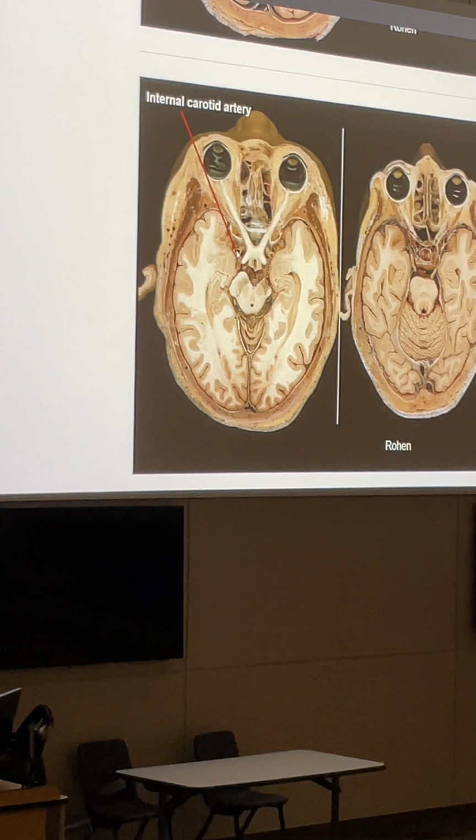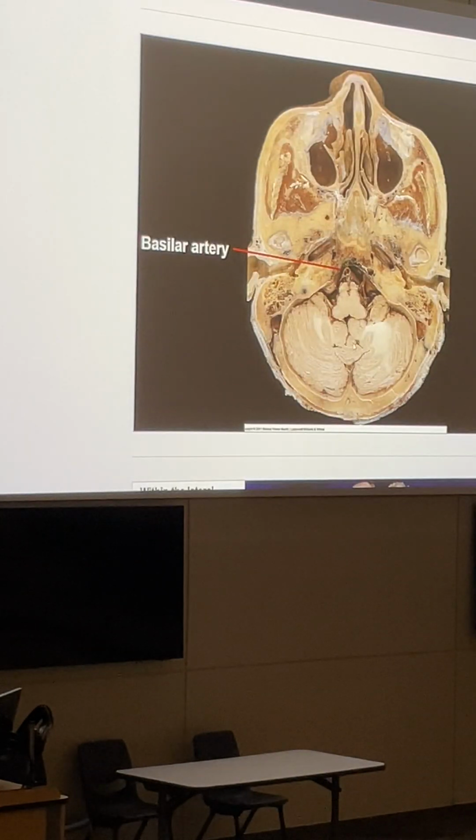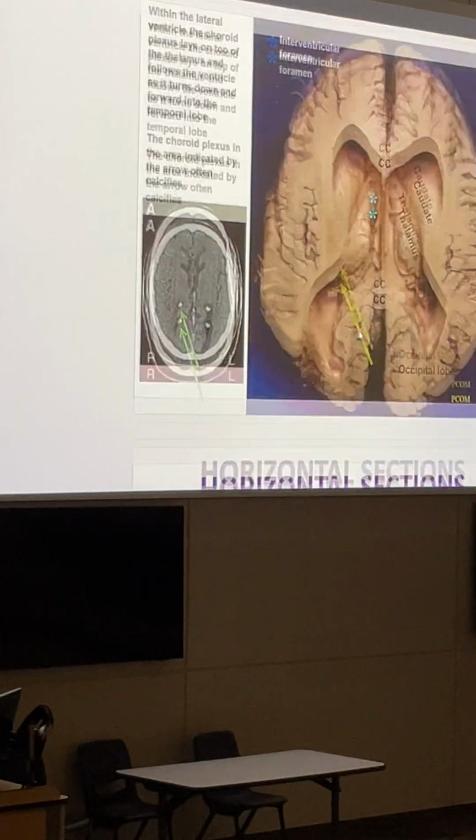Cross section of the internal carotid, lateral to the sella turcica, lateral to the optic chiasma. Basilar artery.